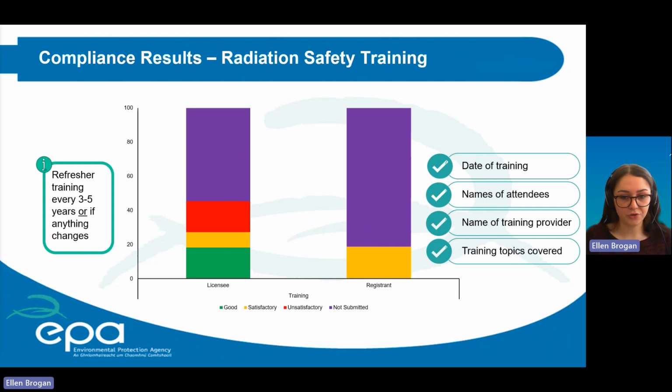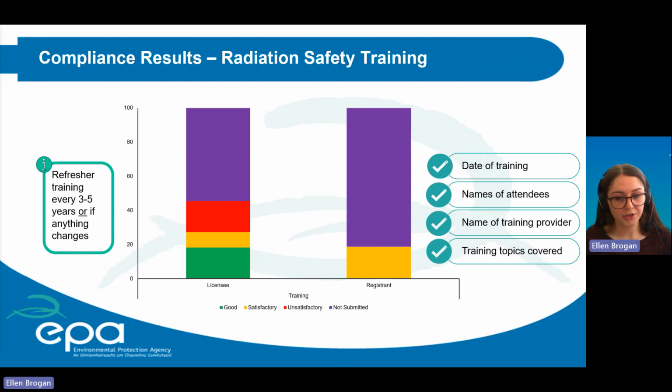A record of any training should include the date of training, the names of attendees, the name of the person who provided the training, and the topics covered. This documentation must be maintained by the undertaking and be accessible as required by the EPA.